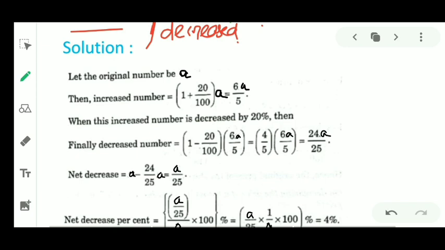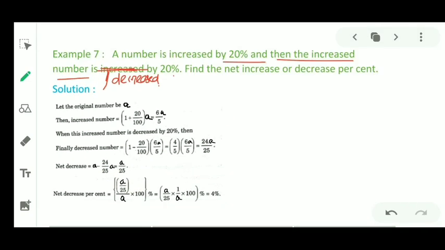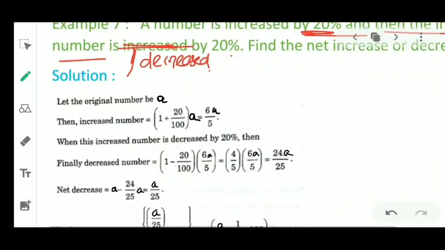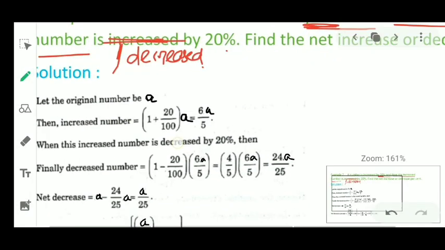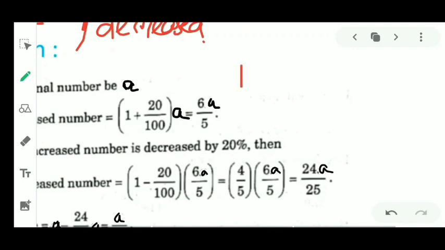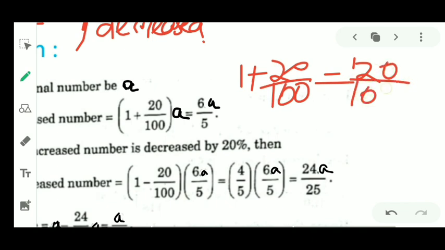Then the increased number equals, the formula is 1 plus x by 100. Here the increase percentage is 20, so x equals 20. So 1 plus 20 by 100 into a. Clear? 1 plus 20 by 100 will be 120 by 100.